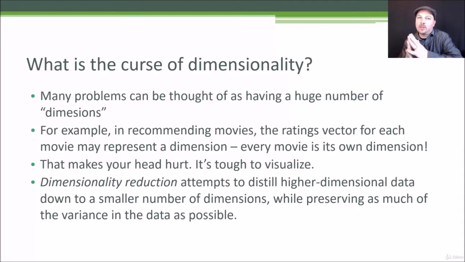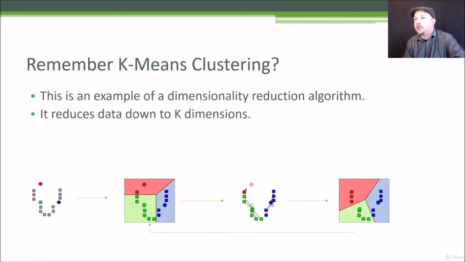So by preserving the maximum amount of variance while we reduce the number of dimensions, we're more compactly representing a data set while still trying to preserve the variance in that data set. So a very common application of dimensionality reduction is not just for visualization, but also for compression and for feature extraction. And we'll talk about that a little bit more in a moment.